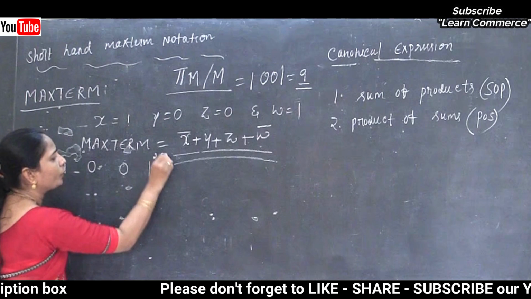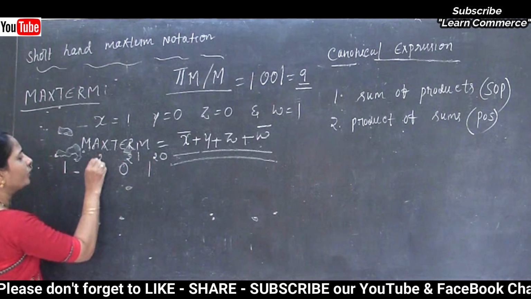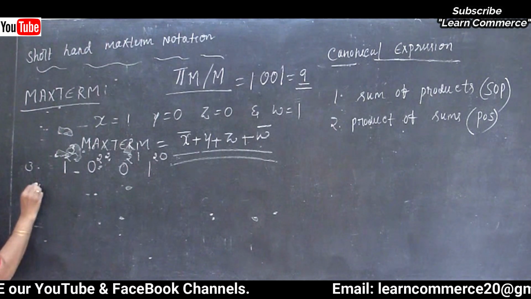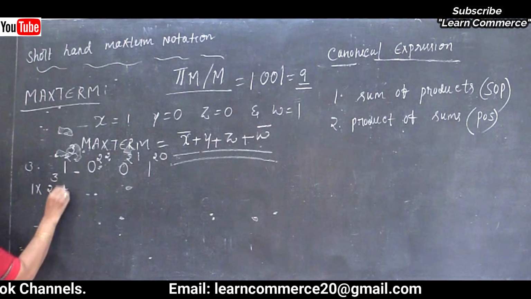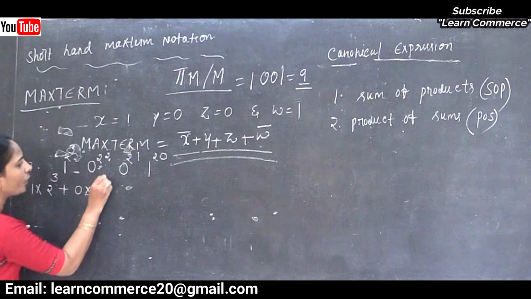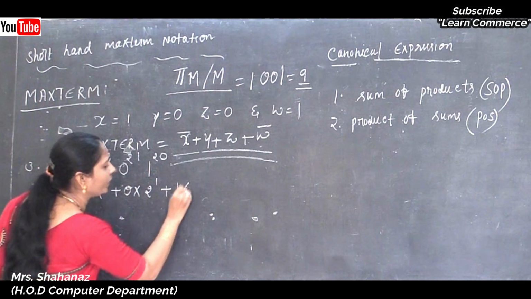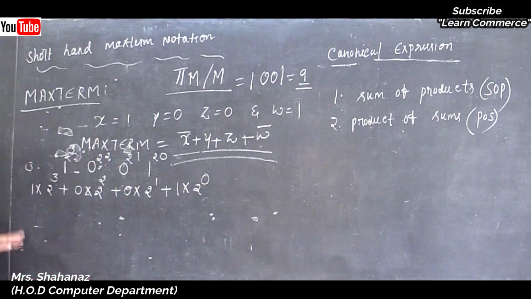1001 and 2 to the power of 0, 2 to the power of 1, 2 to the power of 2, 2 to the power of 3. So 1 into 2 to the power of 3 plus 0 into 2 to the power of 2 plus 0 into 2 to the power of 1 and 1 into 2 to the power of 0.